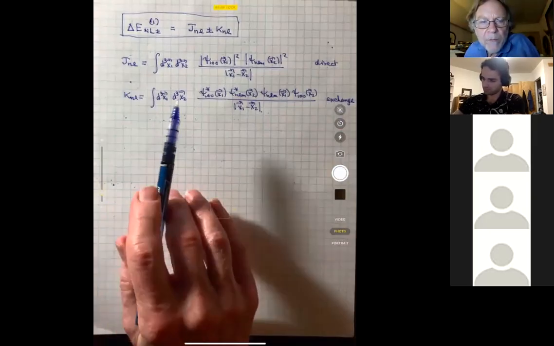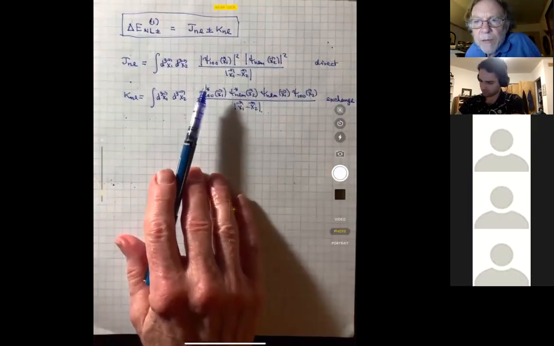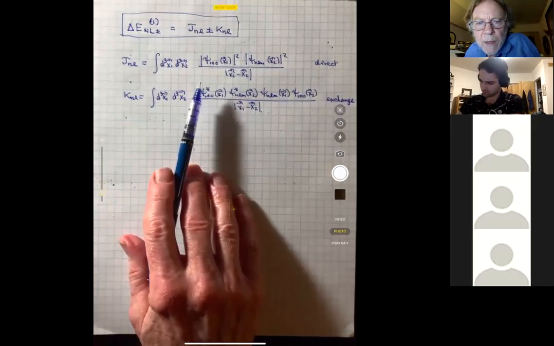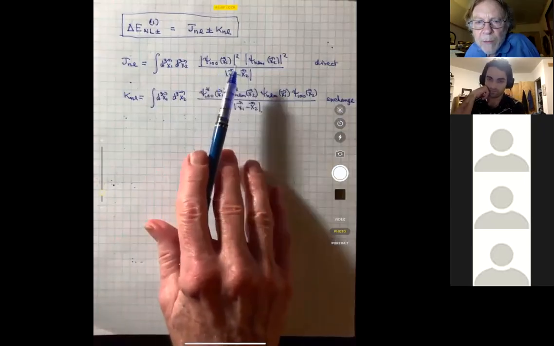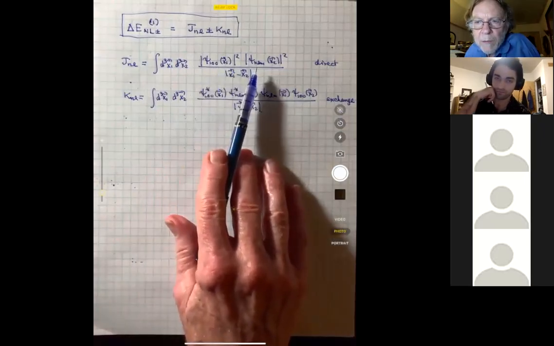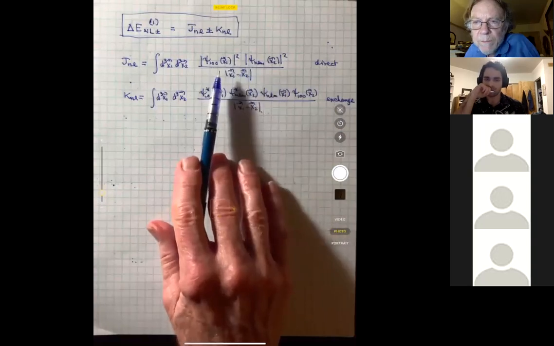Let's look at the direct integral first, because there's an interpretation for it. Again, this is an electrostatic interpretation. The J_NL has the interpretation of being the electrostatic energy needed to bring together these two charge clouds, one being the ground state and the other being the NLM excited state, regarded as rigid distributions of charge, from an infinite separation into their final configuration in which their centers are on the nucleus.